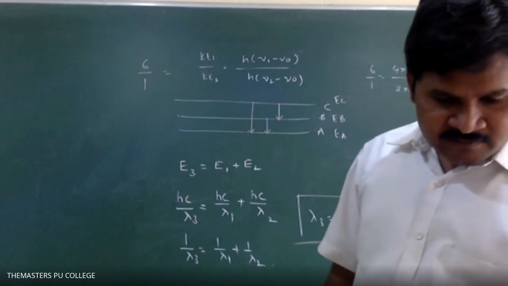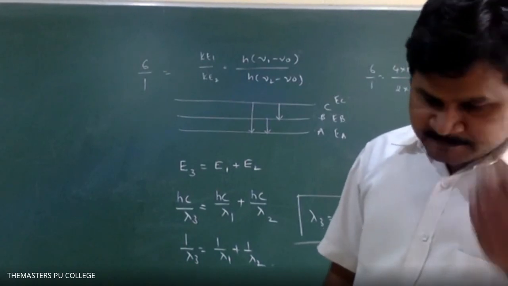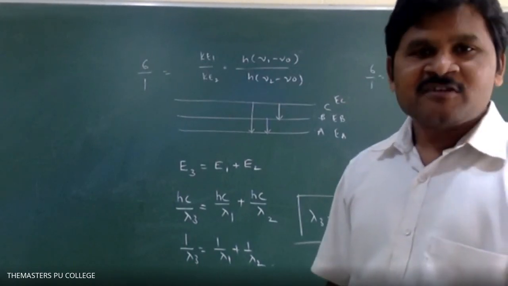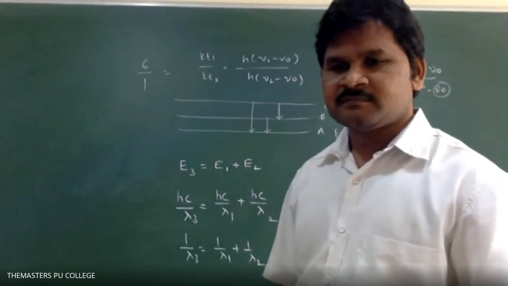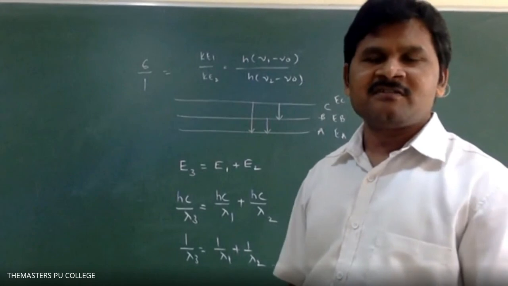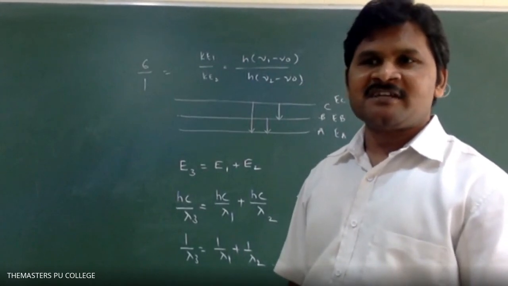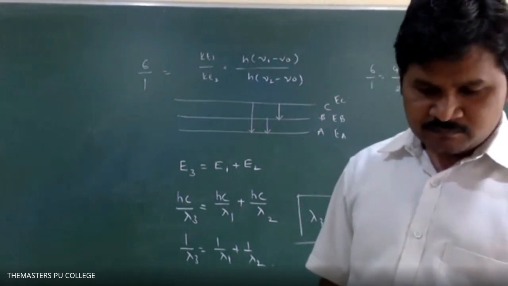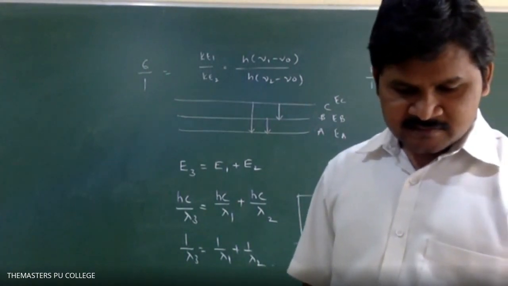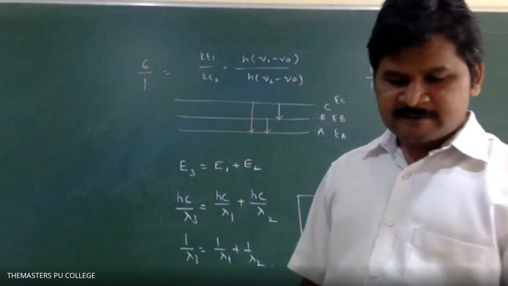Next, question number 27. W is equal to E minus KE formula. Work function is equal to total energy minus kinetic energy. Next, 28.